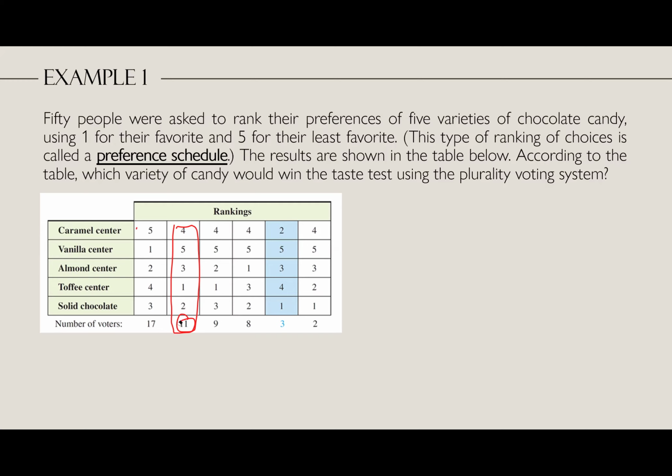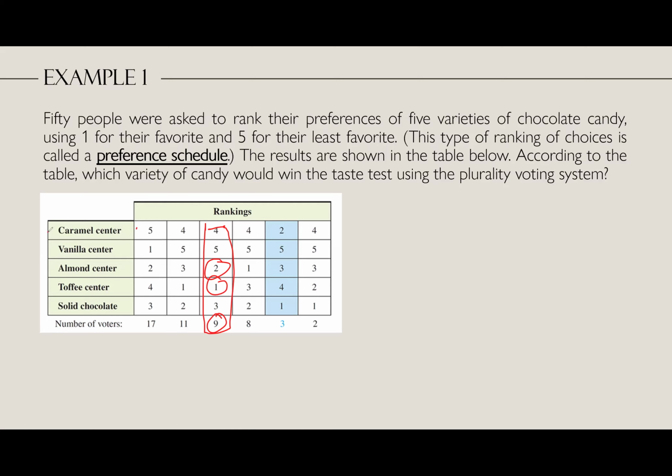And I can see this in the third column. If I look at the third column here, we have 9 people who also put toffee as their first, but instead they put almond as their second choice. So this is something that we need to be very careful whenever we read it. This table actually does have a name. We call it a preference schedule.